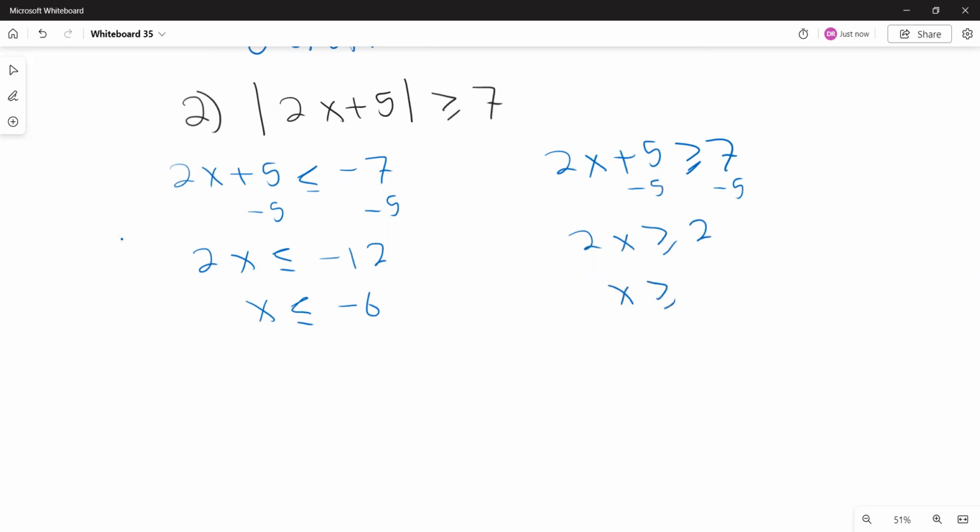Divide both sides by 2, and x is greater than or equal to 1. The solution interval from the first inequality is negative infinity to -6 with a bracket, and the solution interval of the inequality on the right is bracket 1 to infinity. The solution set will be the union of these two intervals.